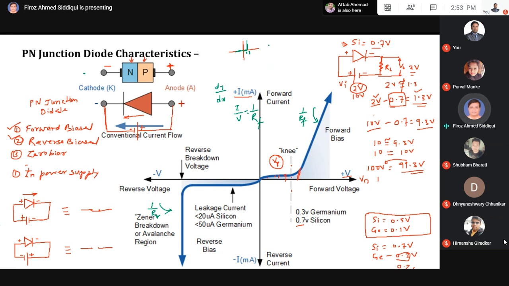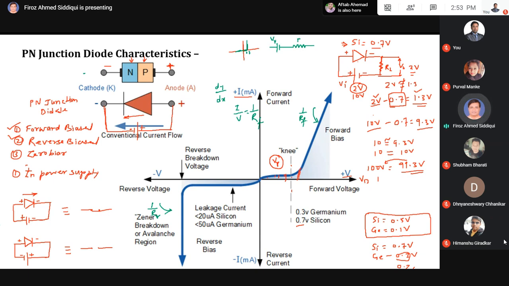In a practical diode, if we draw the diagram, it will be like this. If the diode is forward biased, then there will be a voltage, that is V gamma, and there will be a resistance in series.